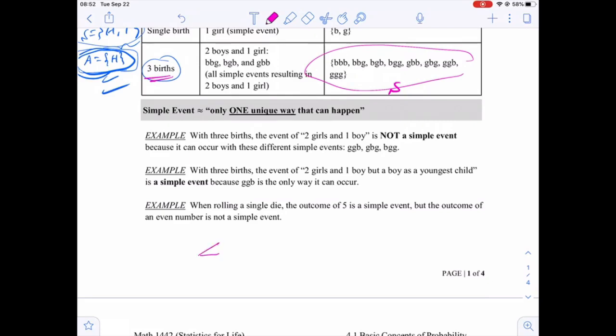The first birth can be a boy or a girl. If the first one is a boy, then the second one can be a boy or a girl. If the first one is a girl, then the second one can be a boy or a girl. If the first and second are boys, the third one can be a boy or a girl. If the first one is a boy and the second one is a girl, the third one can be a boy or a girl, and so on.